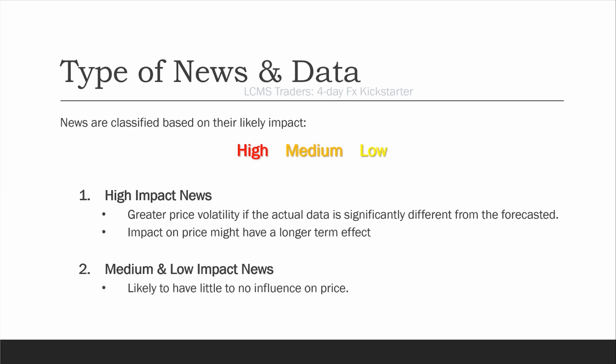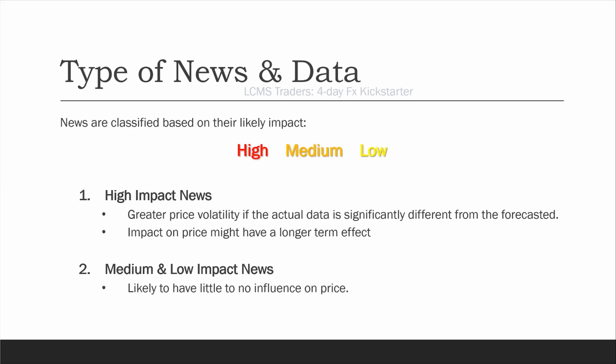So with these three, although the high impact news is the one that you're going to pay more attention to, you do not want to ignore the medium or the low impact news. You want to still consider it, you want to still understand that it's there, but it's probably something that you don't want to pay too much attention to. You want to pay more attention towards the high impact news.